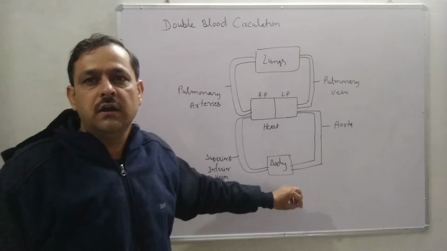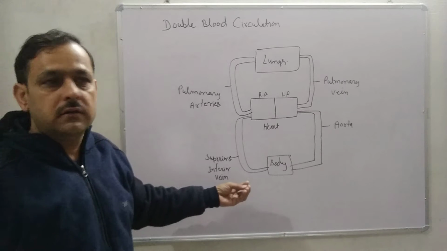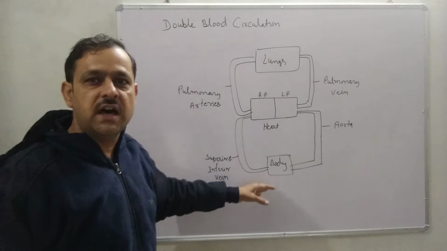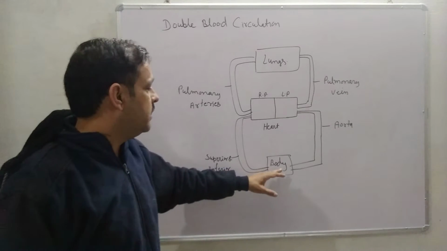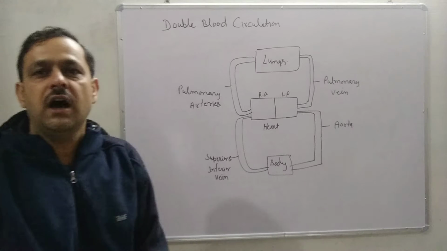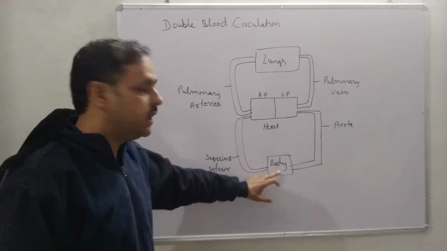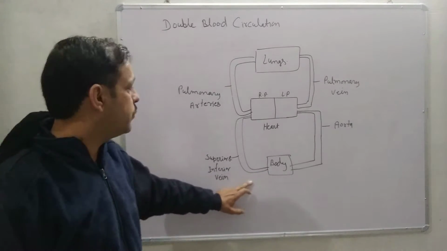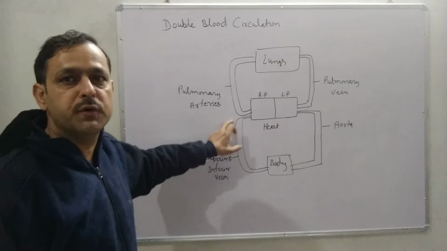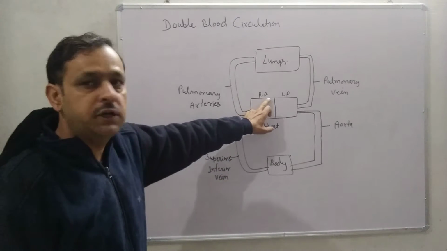Some other nitrogenous substances are also produced by metabolism, and that is also carried by blood. So from the body, the superior and inferior veins carry this impure blood to the right part of the heart.